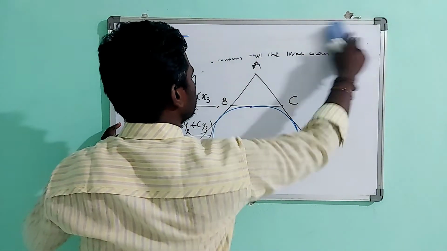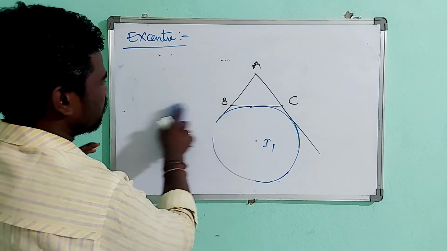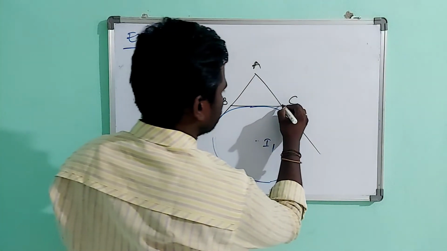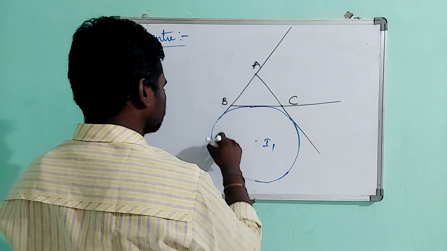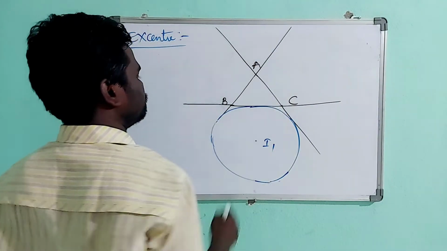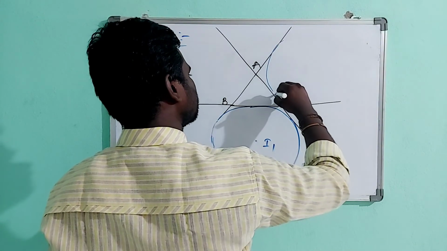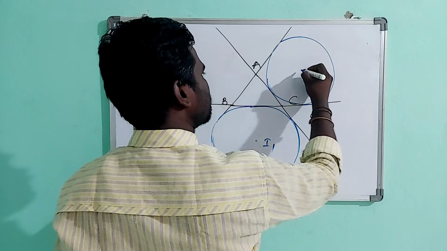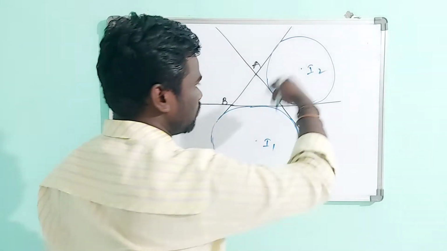If I extend this one like this, the circle touches all the three sides externally, and the Excentre opposite to B is I2.